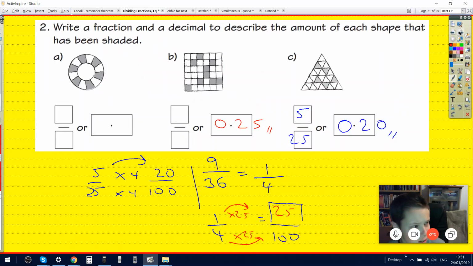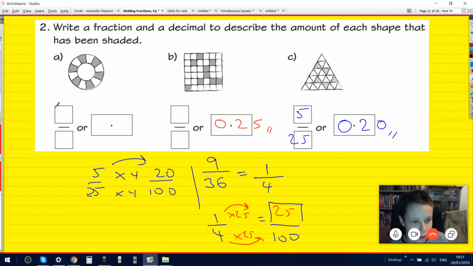How about the first one here, 2a? I just have to describe the amount of each that must be shaded. For the fraction, 6 of them have been shaded, and in total there are 12 of them.